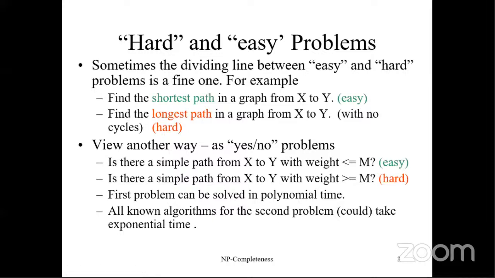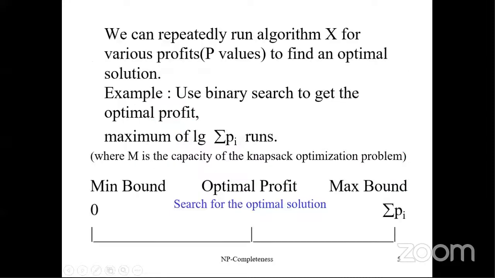The non-polynomial time problem will always take an exponential time and therefore becomes very inefficient. So we can perform this operation again and again. But of interest is the use of an example called the binary search to get the optimal profits.